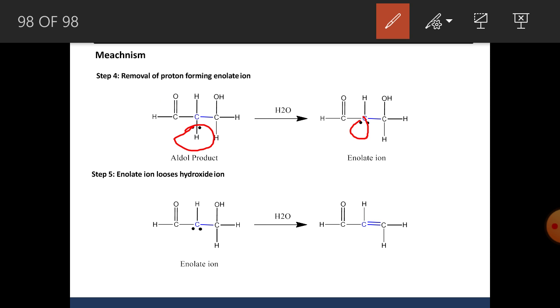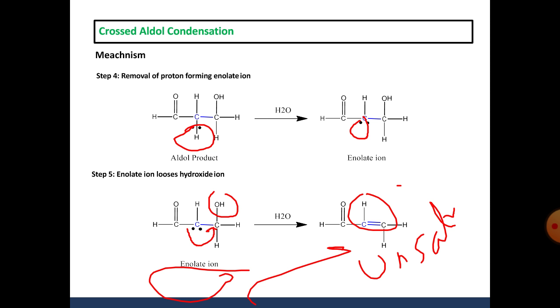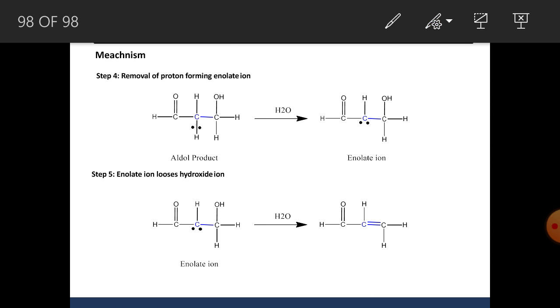Now from the second step, OH minus ion gets lost, and that is why this pi pair will be shifted here, the covalent pair will be shifted here, and there is formation of a C double bond C. So the enolate ion converted into this unsaturated aldehyde. So there is a C double bond C and CHO. So this is about crossed aldol condensation where two different aldehydes react.